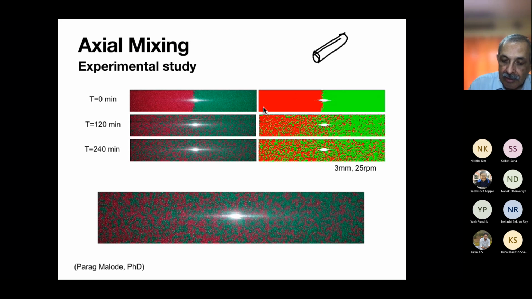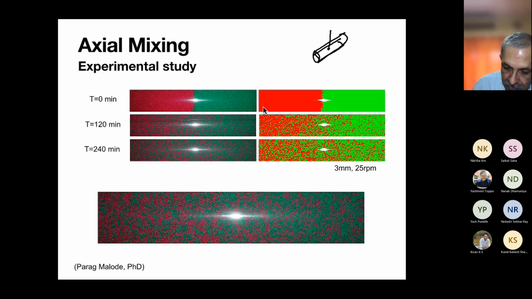We are just looking at the thing from the top, so you just see the top surface. At t equal to 0, you have red particles on one side and green particles on the other.